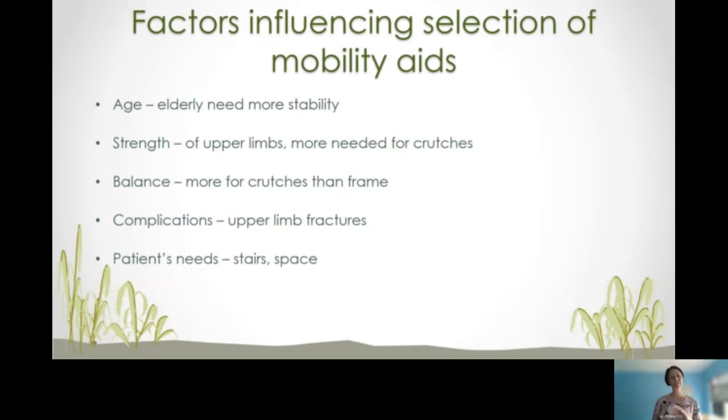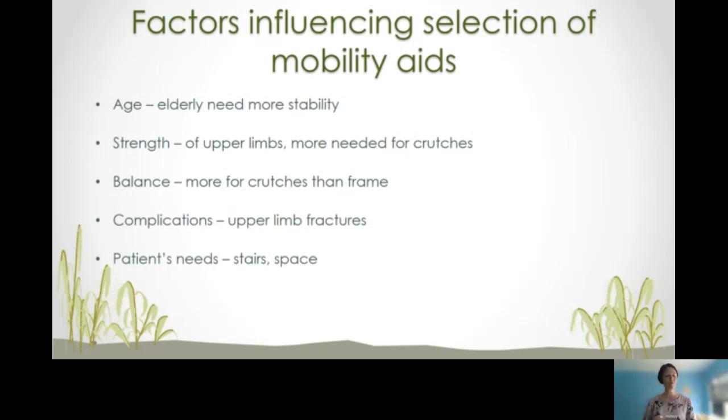Complications. This is where, for instance, if there are multiple injuries, a lower limb fracture with an upper limb fracture, where there's not load or weight allowed through the upper limb. So to walk with normal crutches or a walking frame is not allowed. What then?